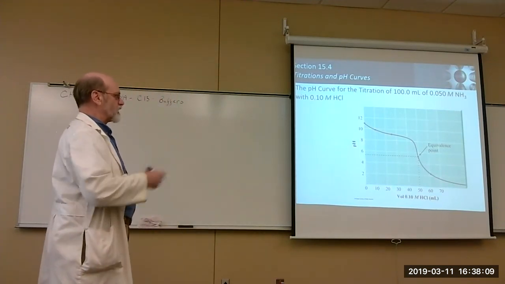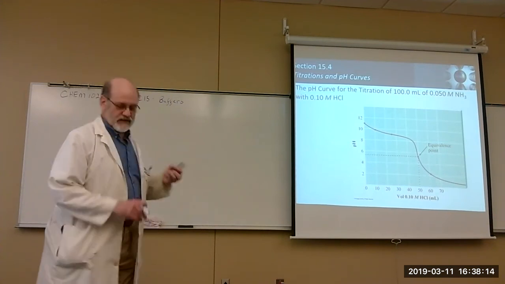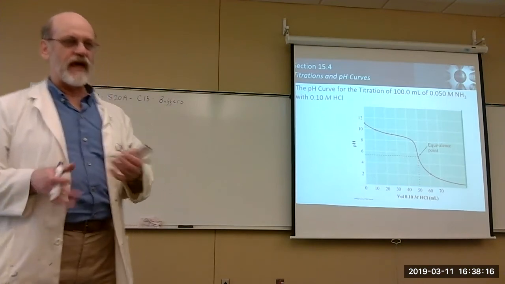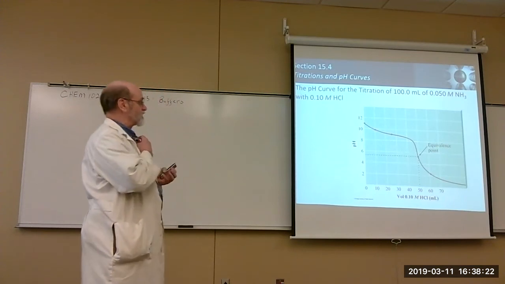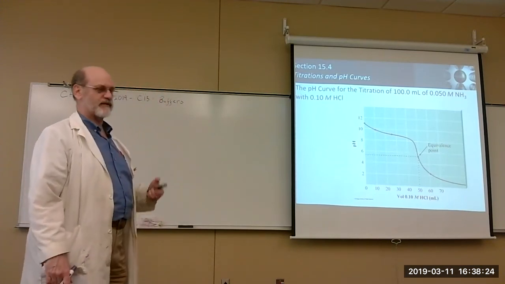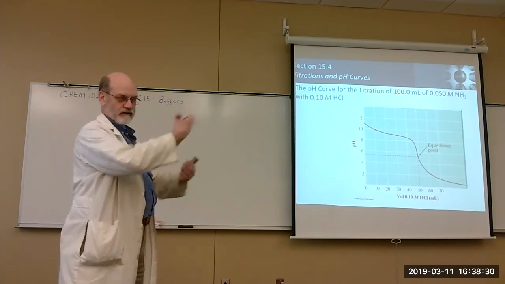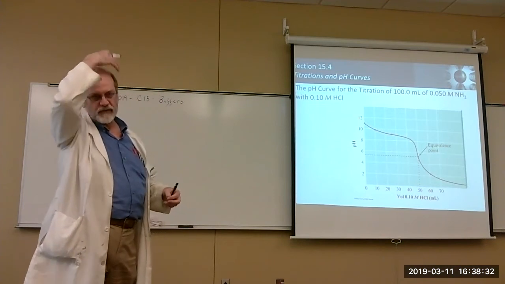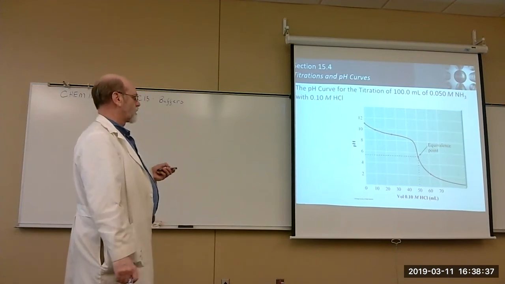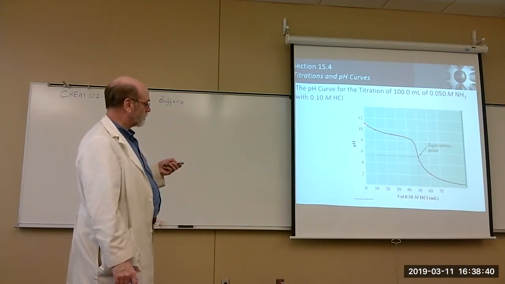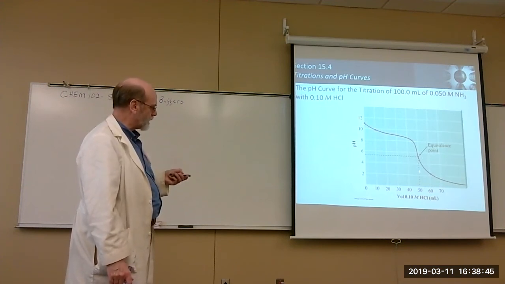Now, this just illustrates the point that you don't have to have a weak acid to have a buffer. Ammonia is a weak base, and if we titrate the weak base with a strong acid, we get an inverted titration curve compared to the one you would see for a weak acid and a strong base. We start off at a high pH for ammonia, and we add acid, and the equivalence point is right here at 50.